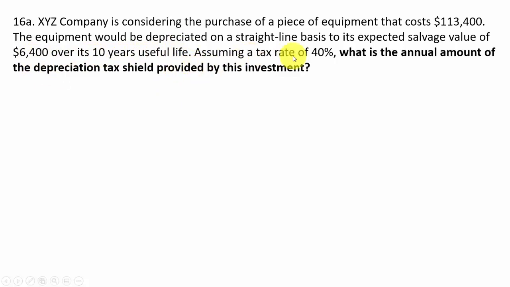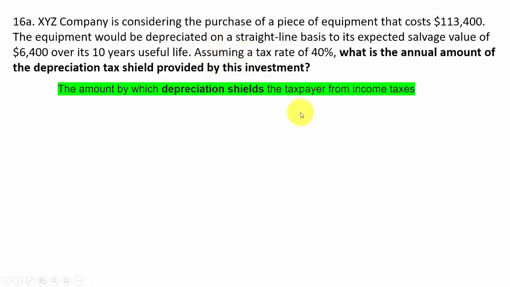Assuming a tax rate of 40%, what is the annual amount of the depreciation tax shield provided by this investment? Another way to say this is, how much will your taxes be lowered from depreciation of this piece of equipment? Another way to say this is the amount by which depreciation shields the taxpayer from income taxes.